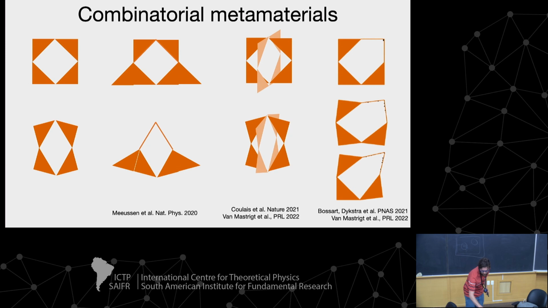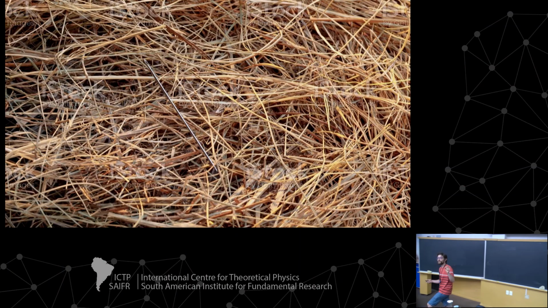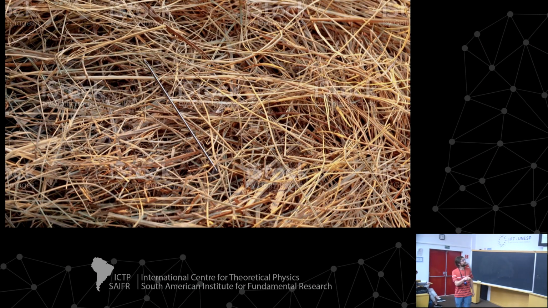And maybe before I finish, I just want to make a last comment: as I said, it's very hard to design those things. The designs that we have, I like to think of them as needles in a haystack, right? Our rotating square mechanism of kirigami and origami are really a needle, and then you have infinitely many options. But what we've done so far is just walking on the needle to change the geometry a bit.